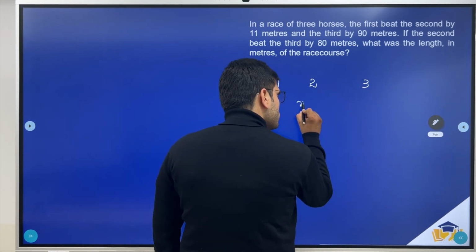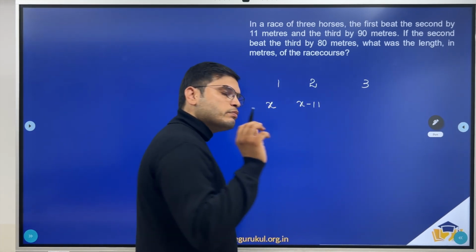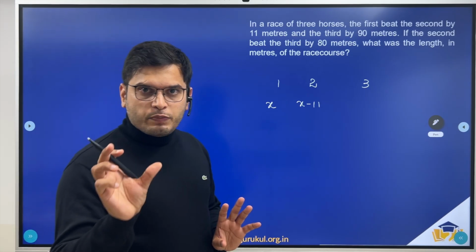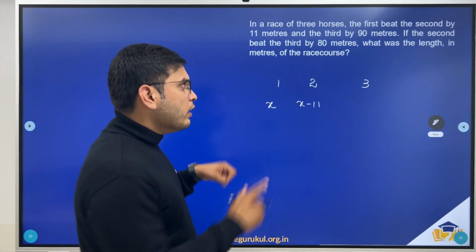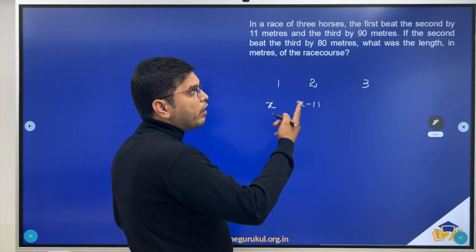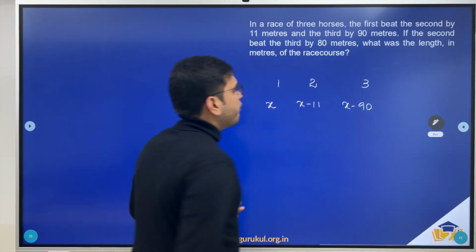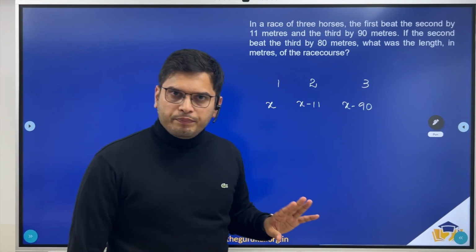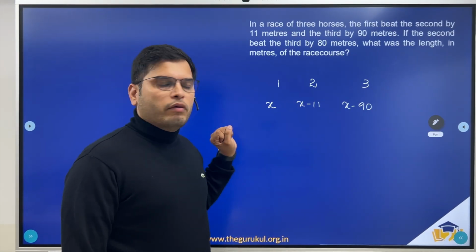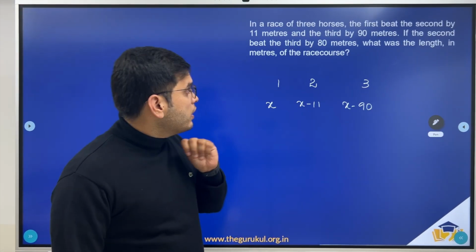So the second horse would have traveled only x minus 11 meters in that specific time, right? And the third was beaten by 90 meters. So the third horse would have traveled a distance of x minus 90, right? In the time that first horse has completed the race, right?